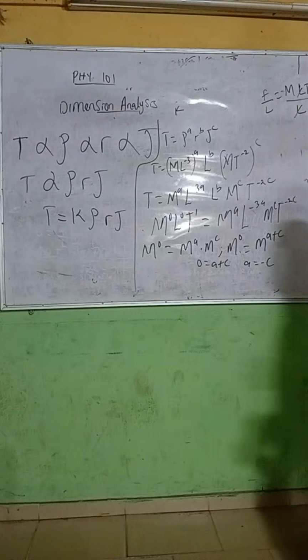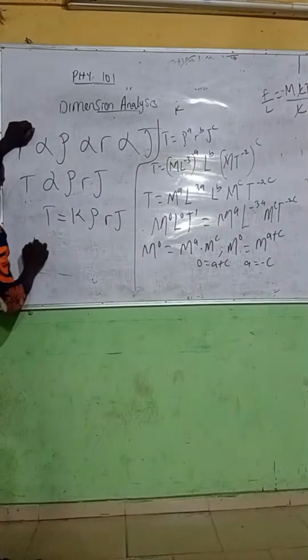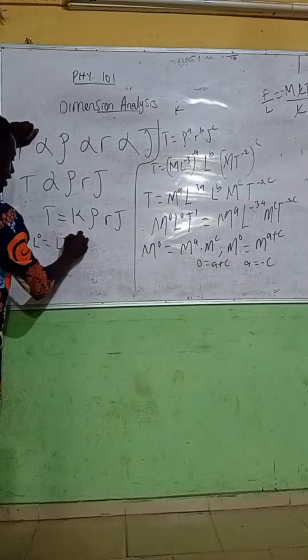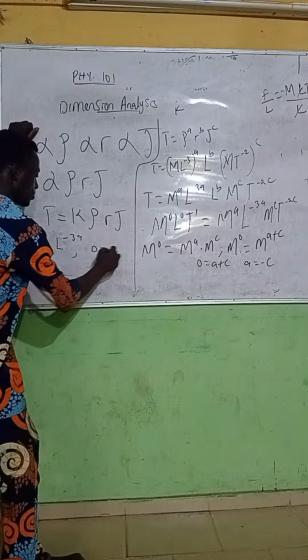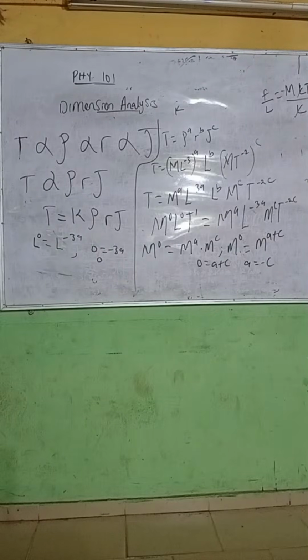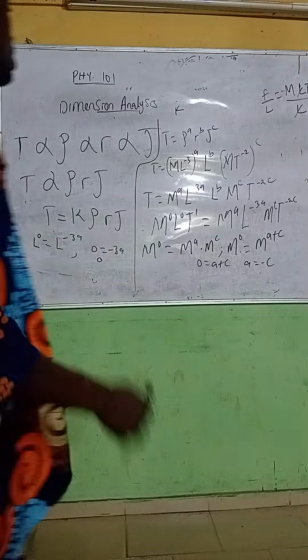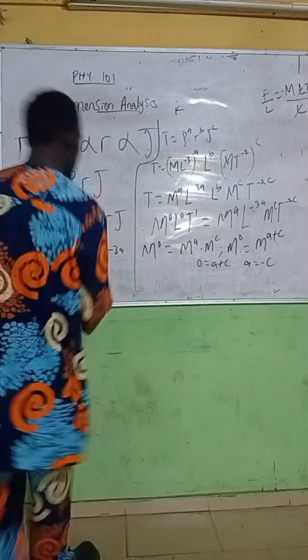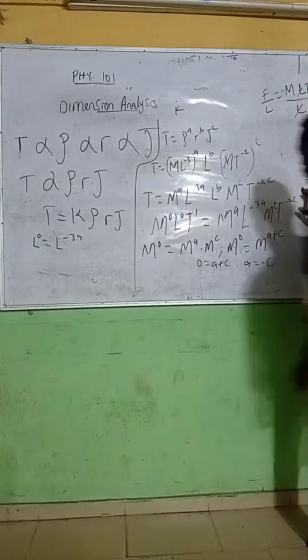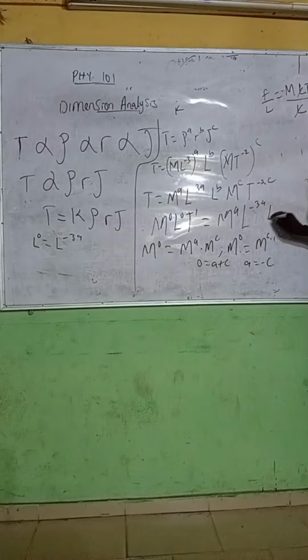Are we together? Now for L raised power 0 equals to what? L raised power minus 3A, have we? 0 equals to minus 3A. Something is missing. Okay, we still have B, sorry. Oh, there's L raised power B here.